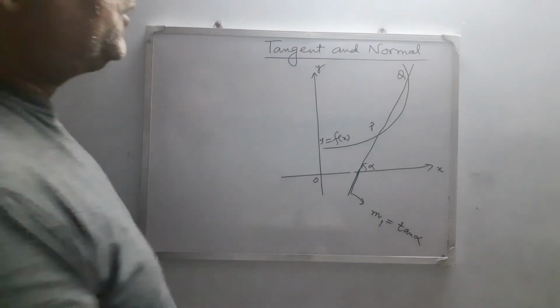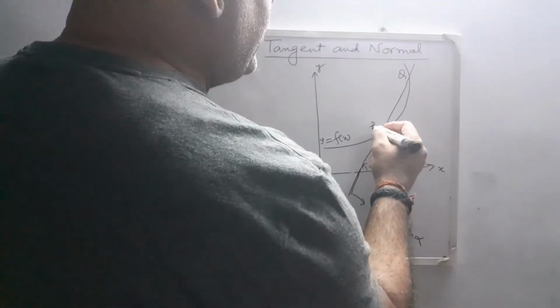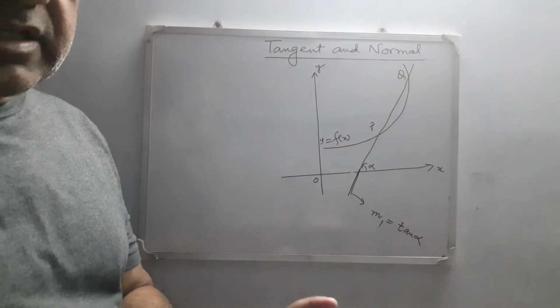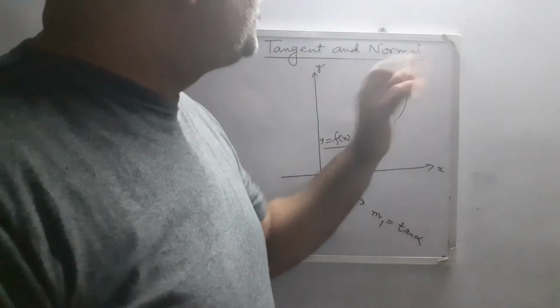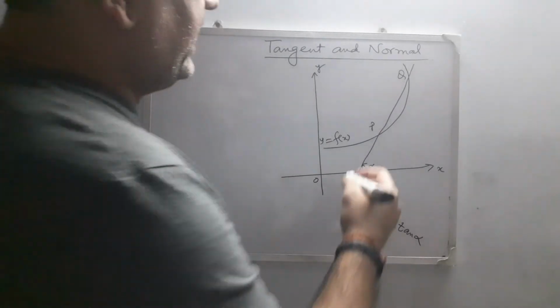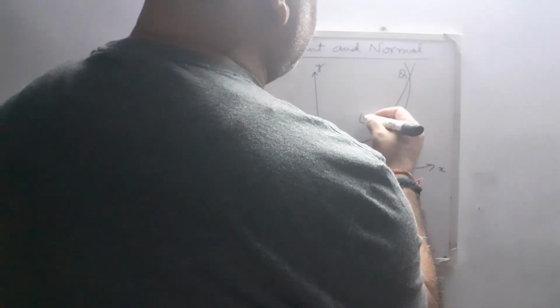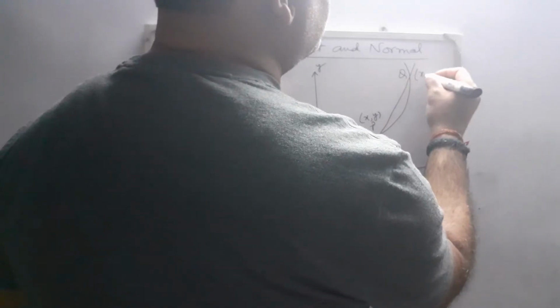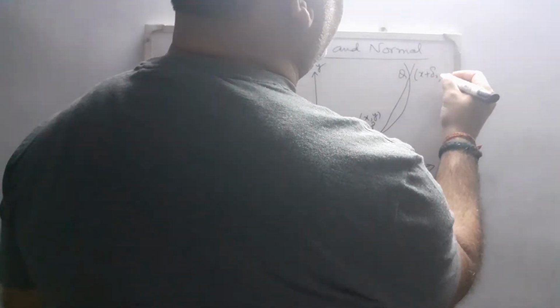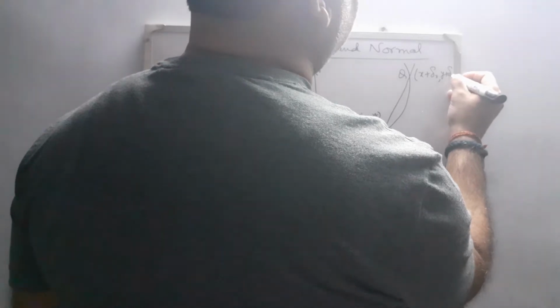Suppose this P and Q are two neighborhood points. Neighborhood points means they are nearer to each other. So in that case, suppose the coordinates of P are (x, y) and the coordinates of Q are (x + delta x, y + delta y).